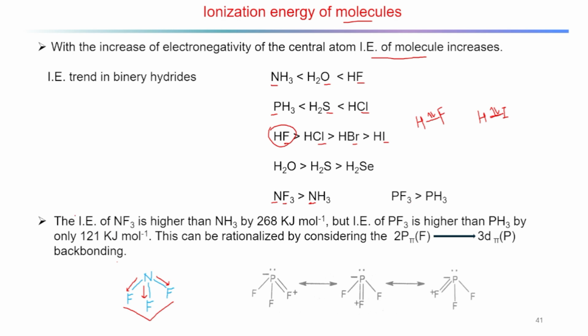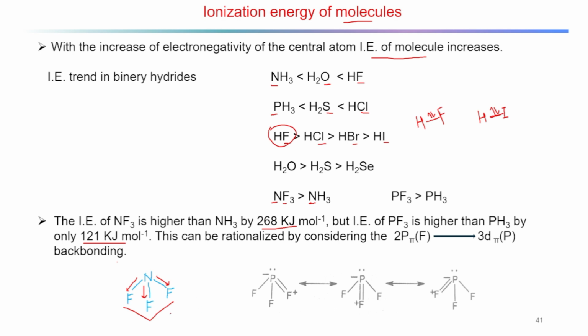The ionization energy of NF3 is higher than NH3 by 268 kilojoule per mole, but PF3 is higher than PH3 by only 121 kilojoule per mole. This can be rationalized by considering the 2p to 3d back bonding, p pi d pi back bonding.